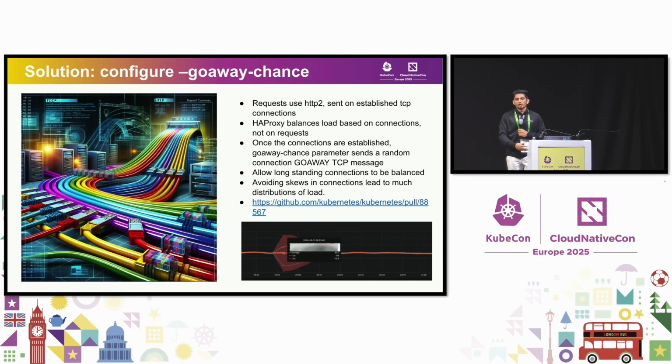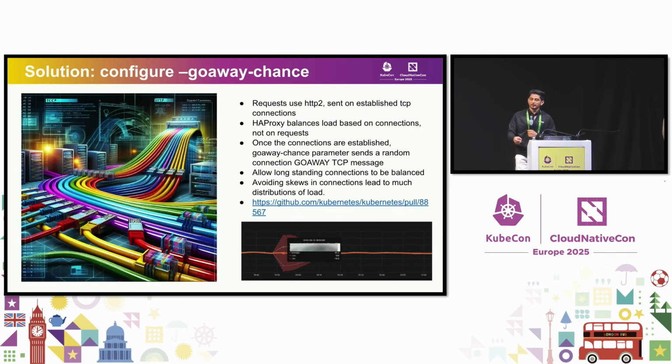Unfortunately, not a lot of documentation for this parameter exists. So I have a pull request which has a really nice description of the problem and how goaway-chance parameter solves it. This, in fact, could be used not just in the Kubernetes API server, but a similar implementation can be used in any server or any component that is doing server-side processing and load balancing in front of it.